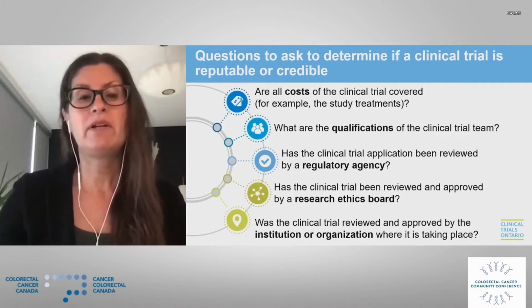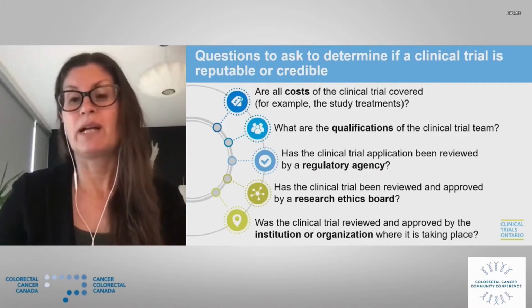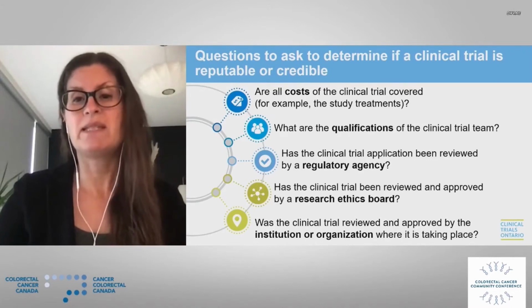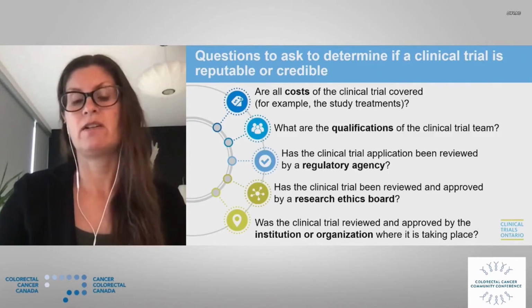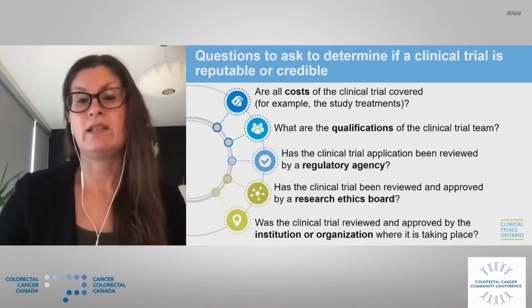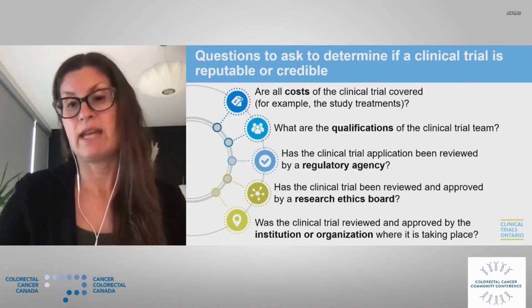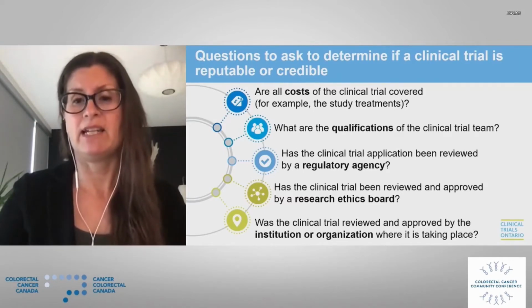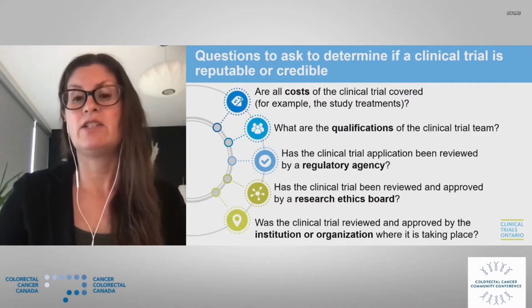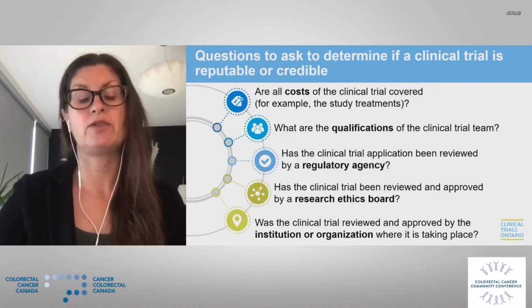And then there are a number of different organizations and groups that need to review a clinical trial before it's allowed to start. So one is the regulatory agency. In the case of Canada, Health Canada, they have to approve clinical trial applications. A research ethics board does need to review and approve a clinical trial.